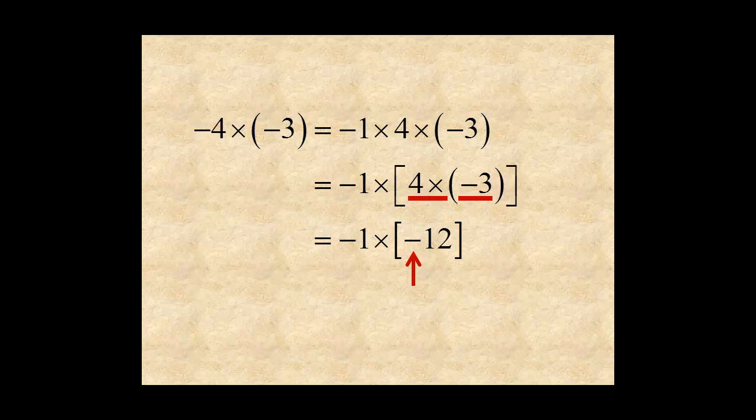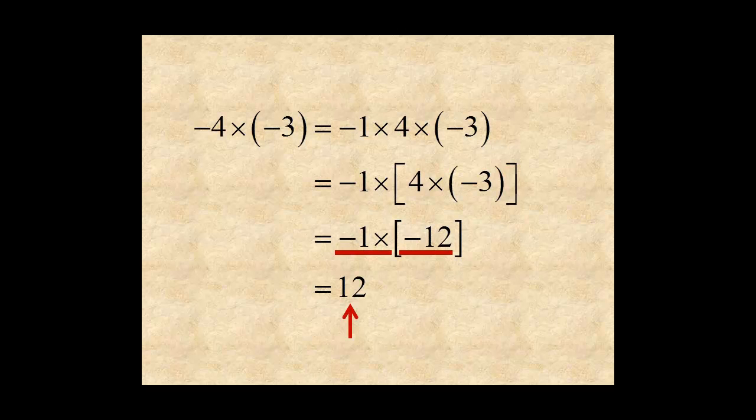Then using the multiplication property of negative 1 again, negative 1 times negative 12 is the inverse of negative 12, or positive 12. And so you can see the product of two negative numbers is positive.